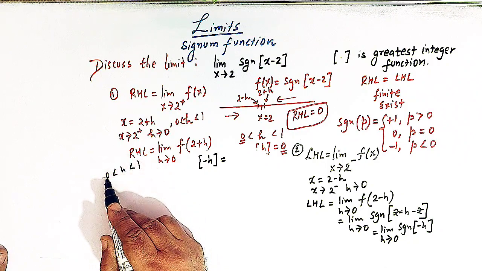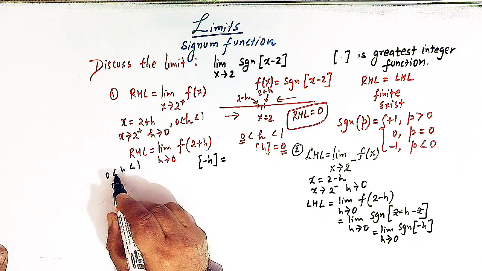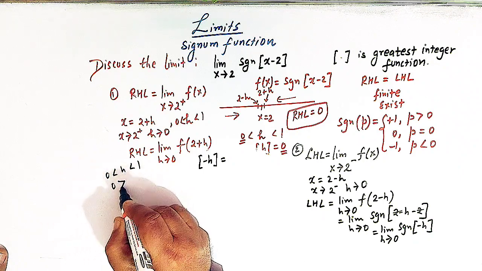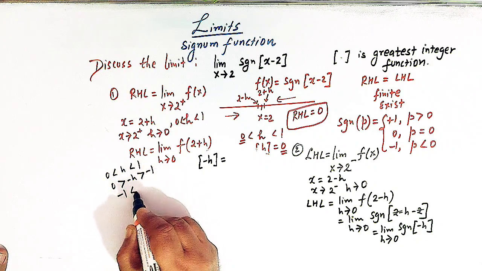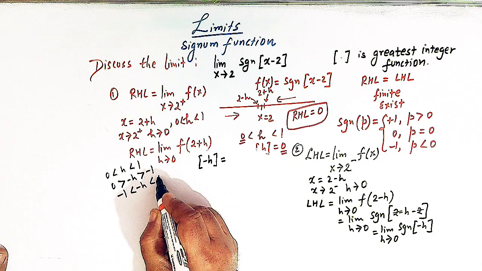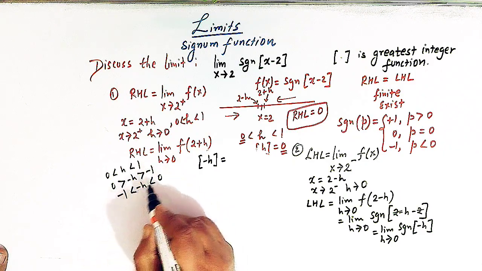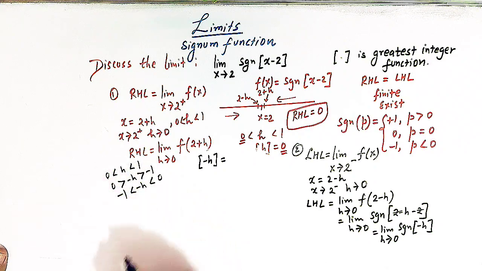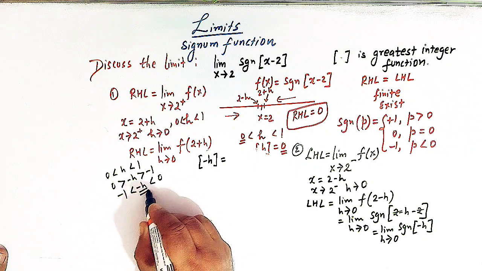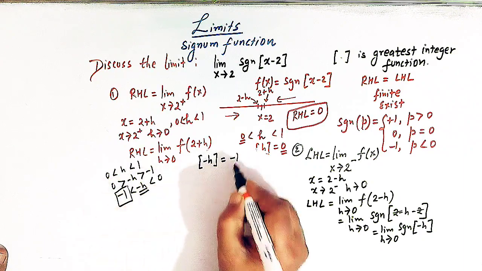So multiplying this inequality throughout by minus 1, the direction of the inequality gets reversed, so we can now write minus 1, then minus h, and then 0. Right? So minus h lies between minus 1 and 0, while h lies between 0 and 1. So the greatest integer of minus h should be equal to minus 1.